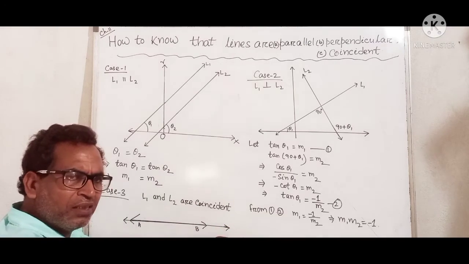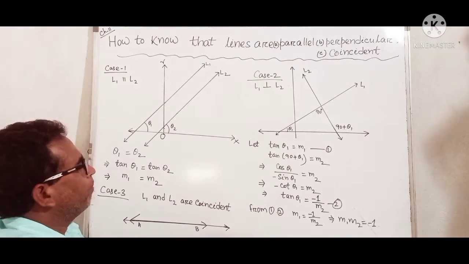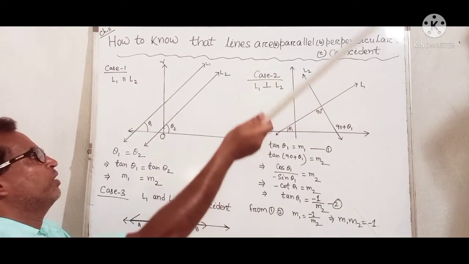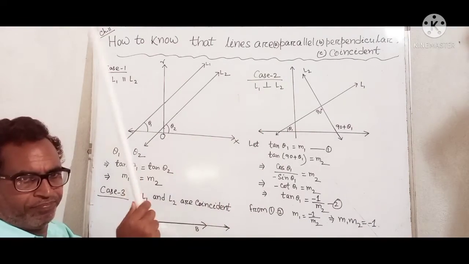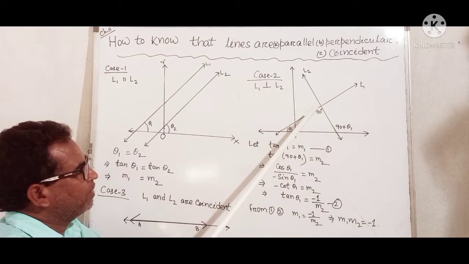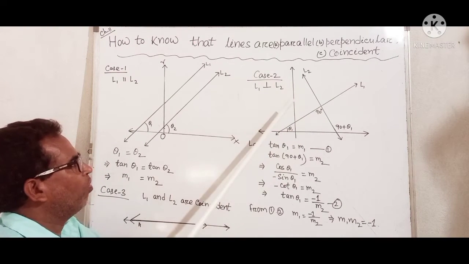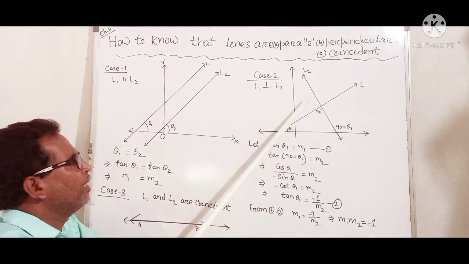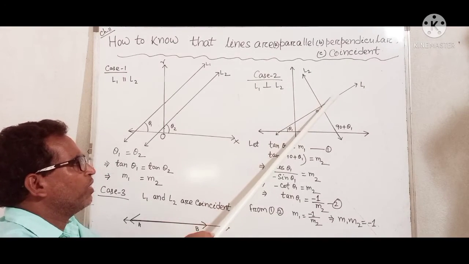Perpendicular means L1 makes 90 degrees with L2, or you can say L2 makes 90 degrees with L1.